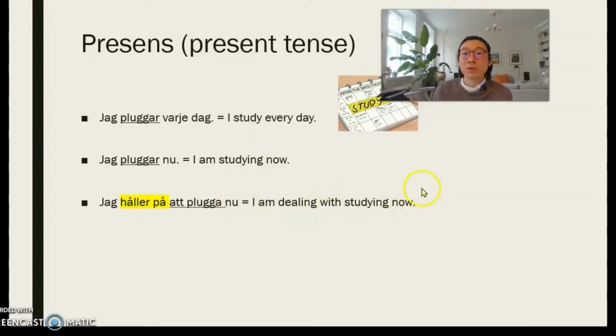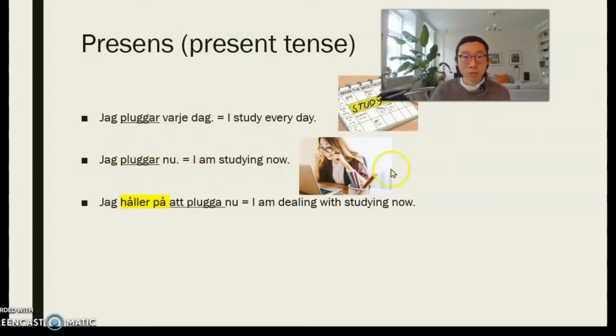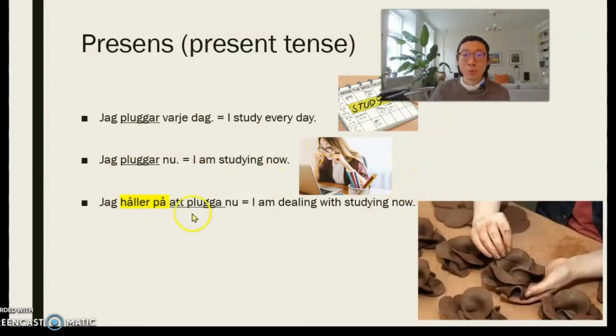This may be a very strange structure in English, but it is not strange at all in Swedish, because this is something you would say very often to strengthen the ongoingness, to strengthen that you are doing it. Så ja, här har vi jag pluggar nu, I'm studying now. Jag håller på att plugga nu. Okay.